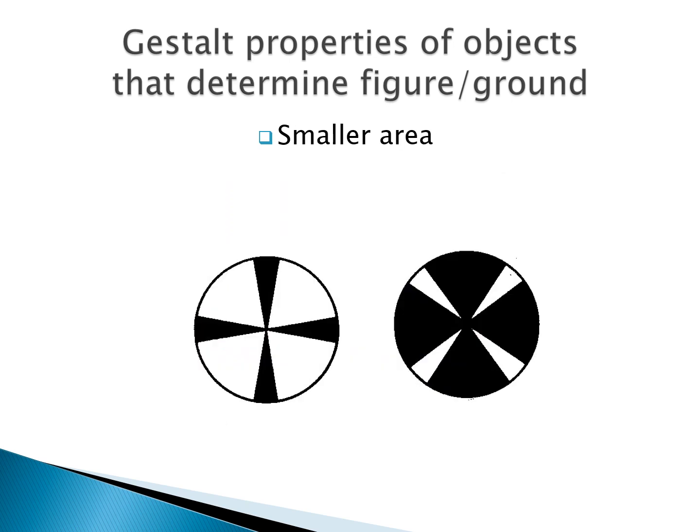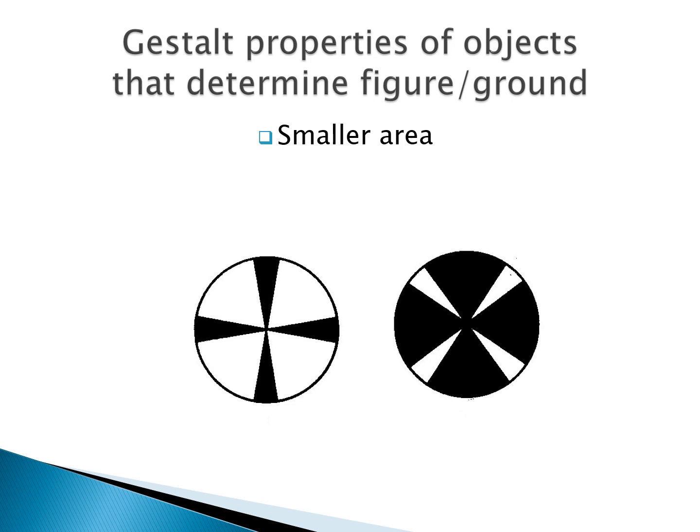We tend to take the smaller area as the figure. Is that a plus sign or an X on the left image? You can see the X, right, if you try, but what you tend to perceive is the plus sign. What about the image on the right?